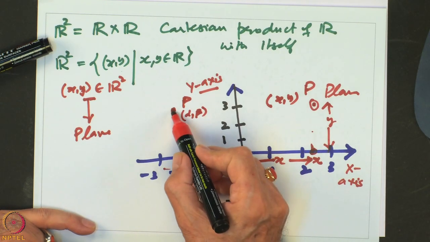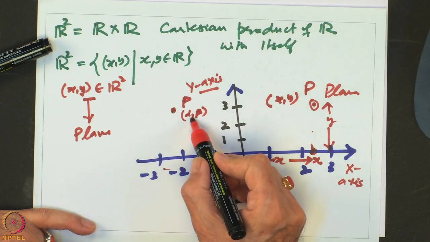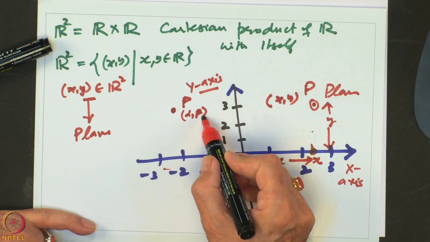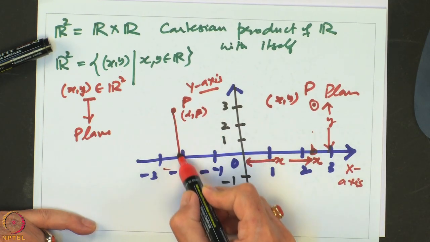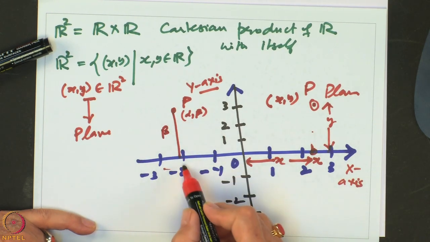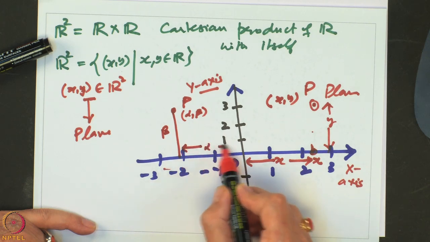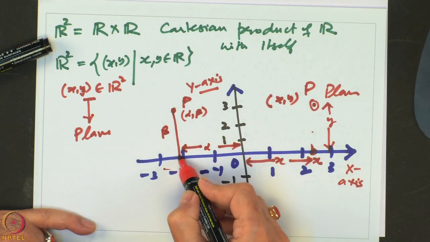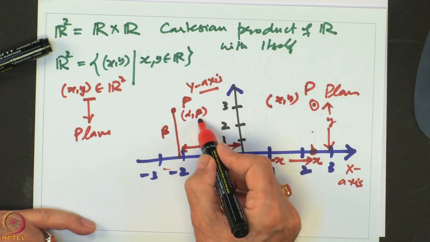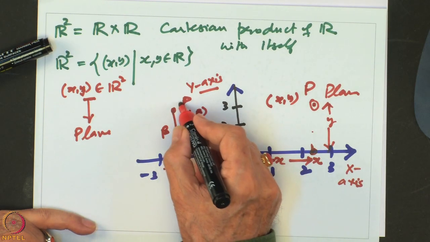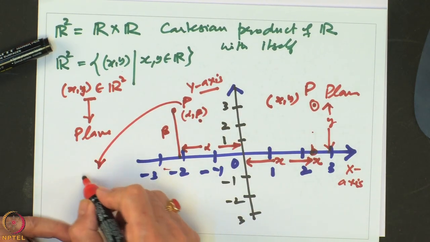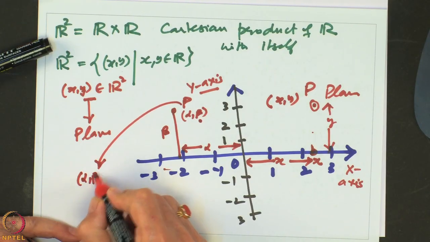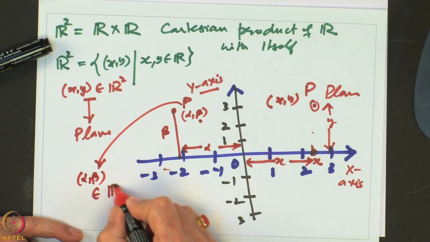That means, if I move alpha along the x axis, and beta along the y axis, this distance will be beta and this distance will be alpha. So, to reach this point I have to move alpha units and then beta units. So, this point gets associated with the ordered pair (alpha, beta) belonging to R 2.